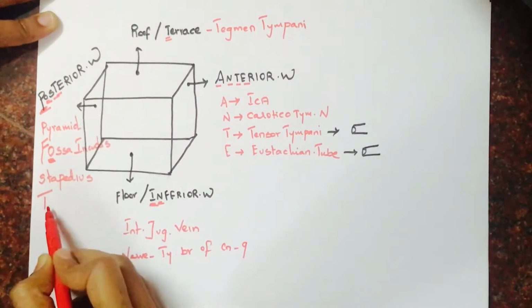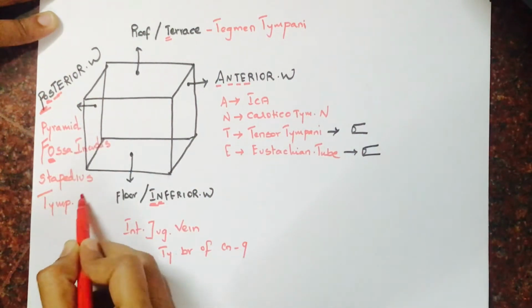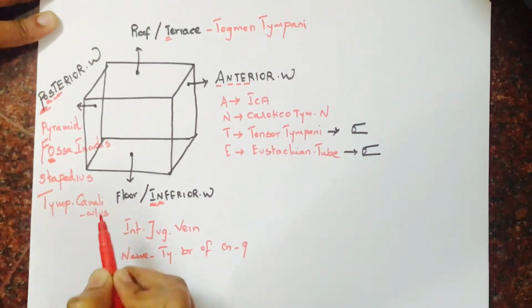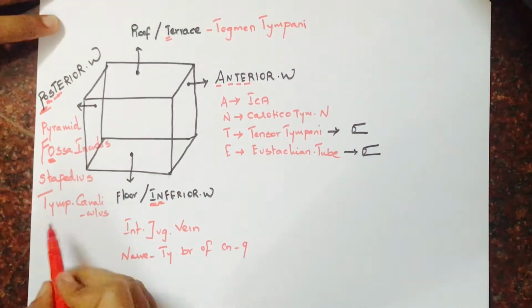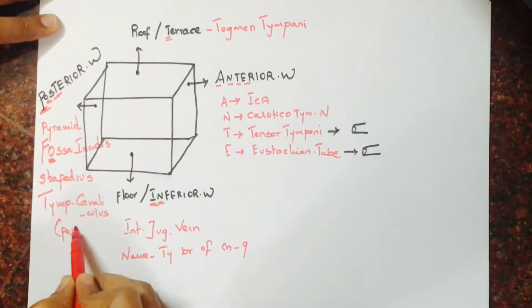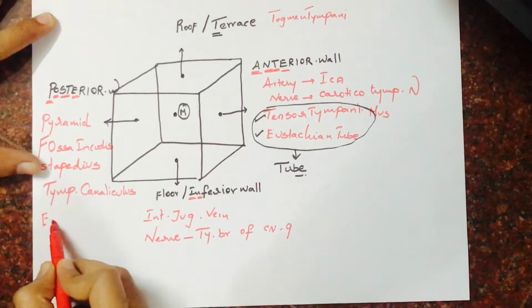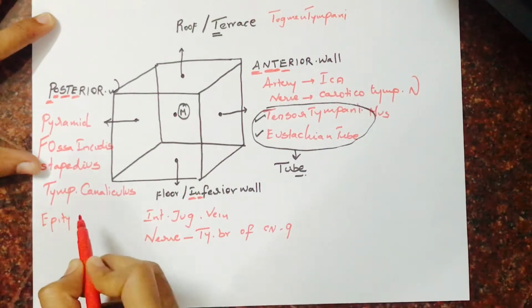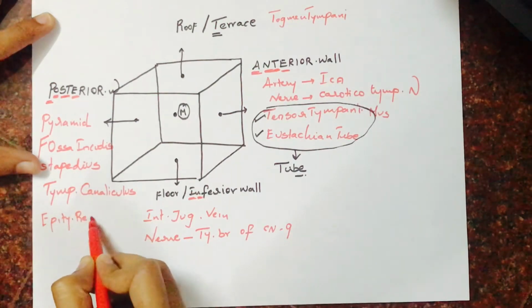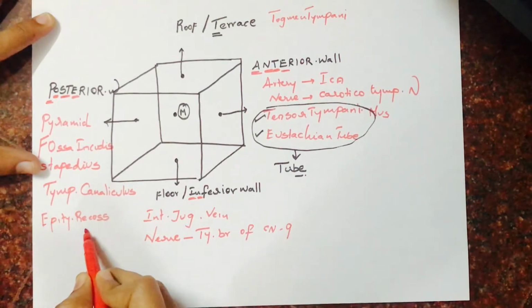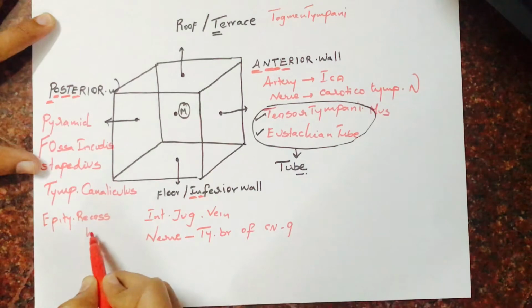T stands for tympanic canaliculus. As this is present in the posterior wall, it is called posterior tympanic canaliculus. And E stands for epitympanic recess to mastoid antrum. So that communication is called aditus to mastoid antrum.